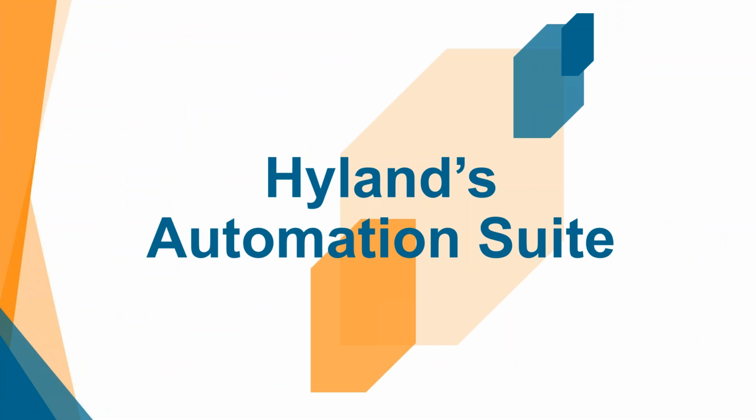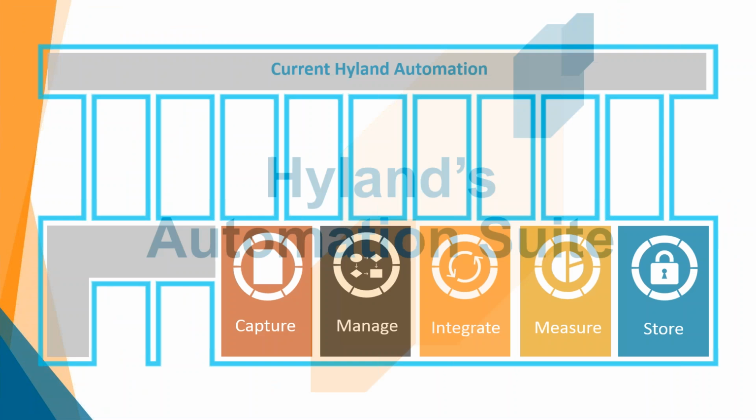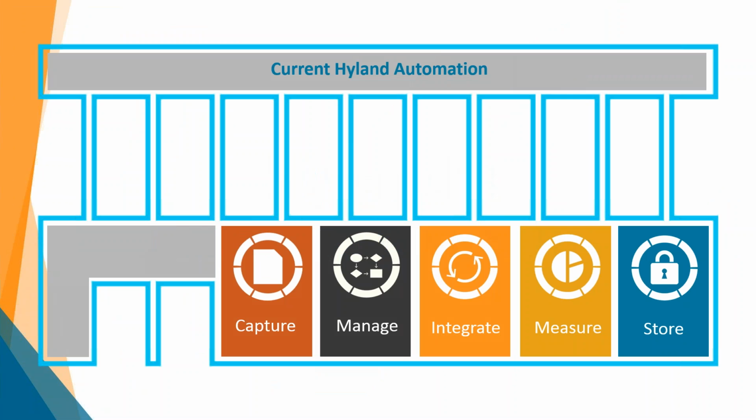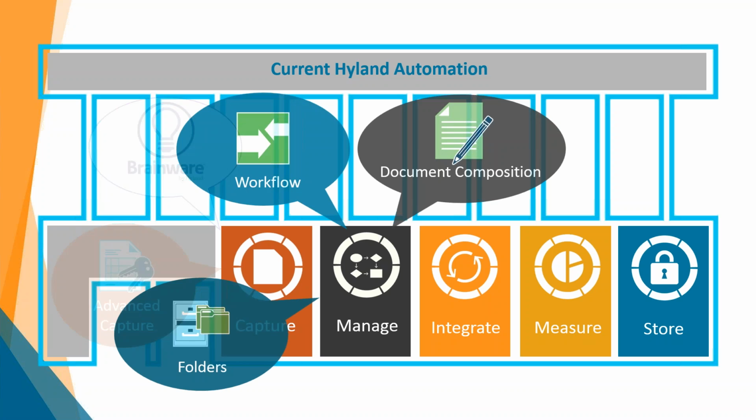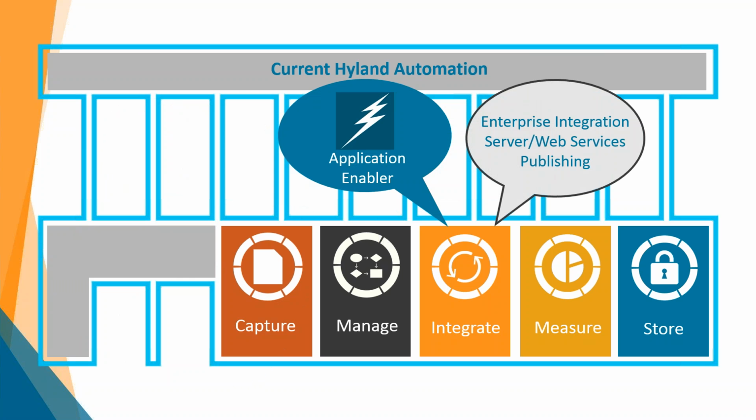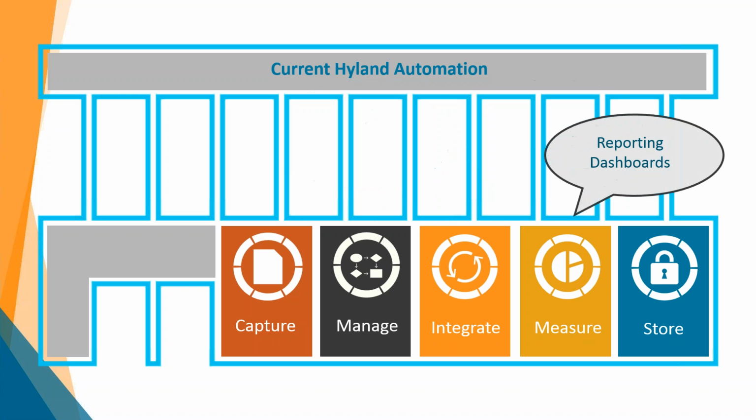Hyland has many products that currently provide some form of automation for their users. They provide a means of automation within each of these key business processes, using modules and features like advanced capture and Brainware for your capture solutions, auto foldering, document composition and workflow to aid in the management of documents with users, integrations that include Application Enabler and Enterprise Integration Server or web services publishing, reporting dashboards, which can measure pretty much anything one could want within OnBase.